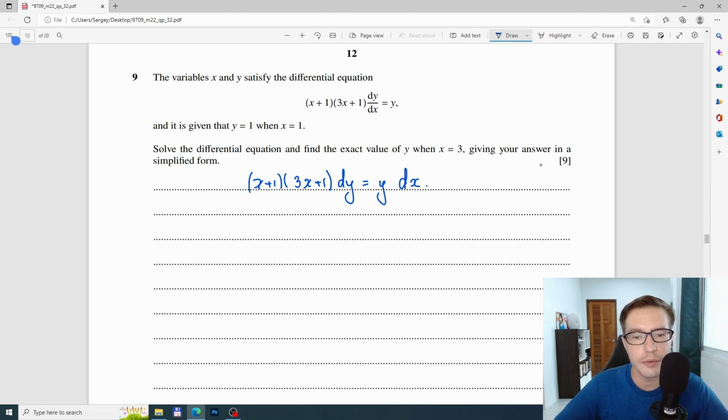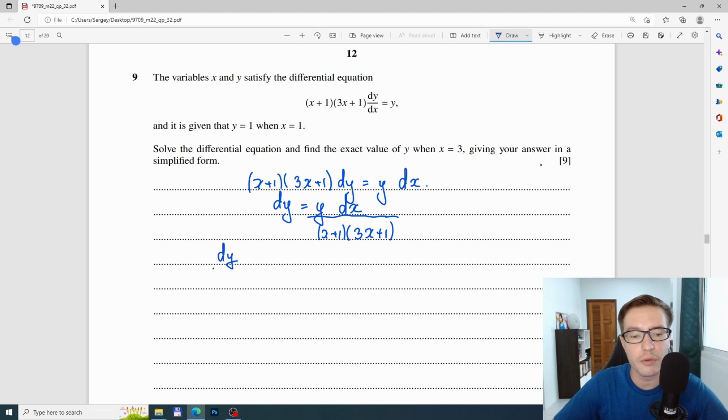So that means first I will divide both sides by x plus 1 and 3x plus 1. I will get dy equals y dx over x plus 1 times 3x plus 1. Now I get y and dx on the right side. That's not good. So I'm going to divide both sides by y.